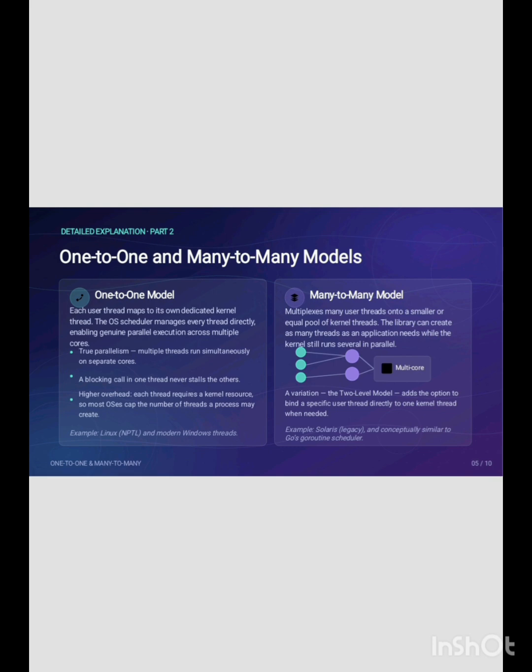A variation, the two-level model, adds the option to bind a specific user thread directly to one kernel thread when needed. Examples of the many-to-many model: Solaris legacy, and the conceptually similar Go's goroutine scheduler.